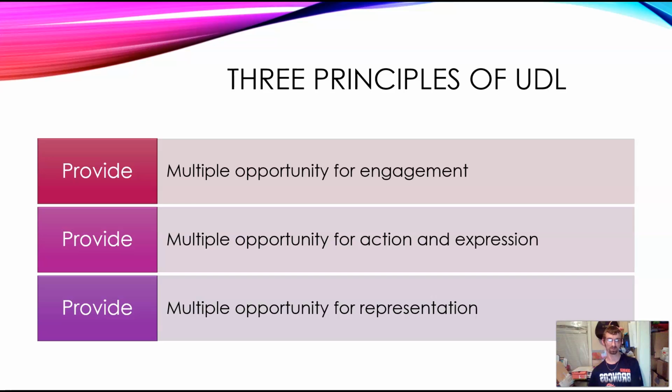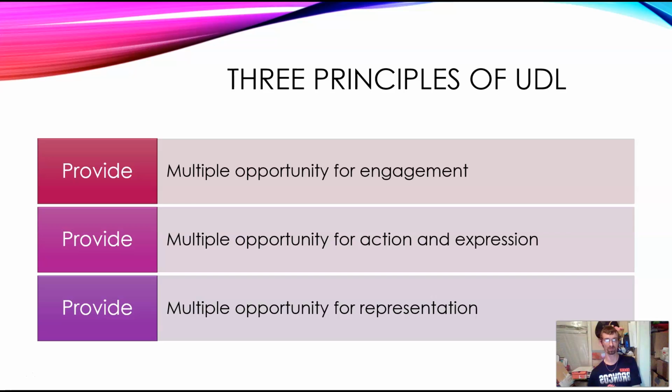Some examples of expression: make it easy for students to adjust font sizes and background colors using digital technology, and then provide options for engaging, whether it be through text or text-to-speech, audiobooks, or reading with a partner.